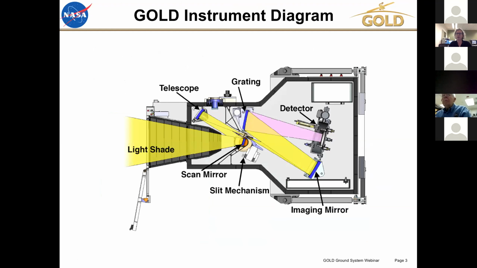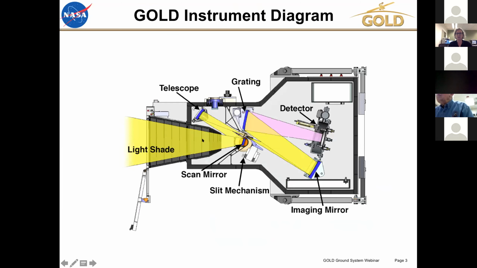So what we have here is a diagram, a cutaway of a single channel. The GOLD instrument has two channels, channel A and channel B. Based on the diagram, they are identical in terms of optical path. So this shows the light path that the light takes in each channel. We're looking at the Earth's atmosphere.